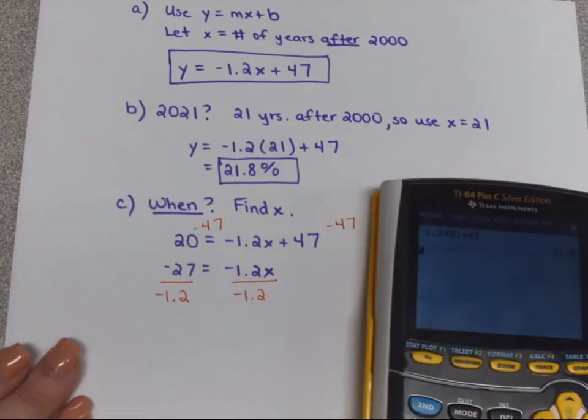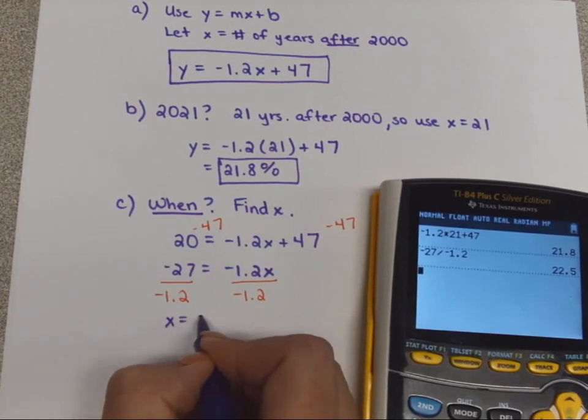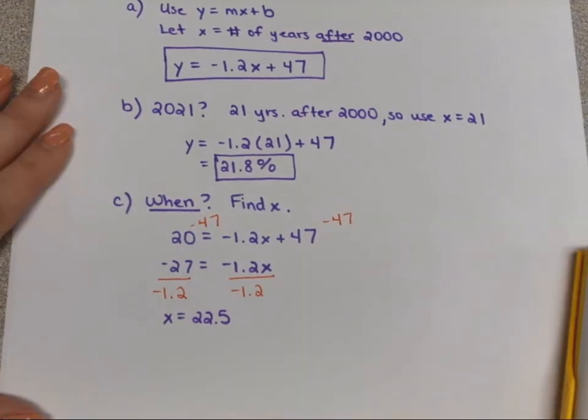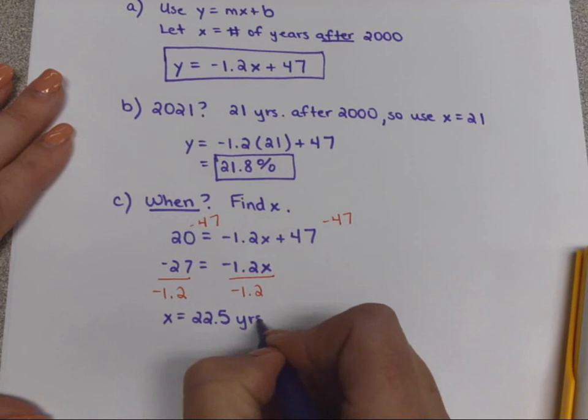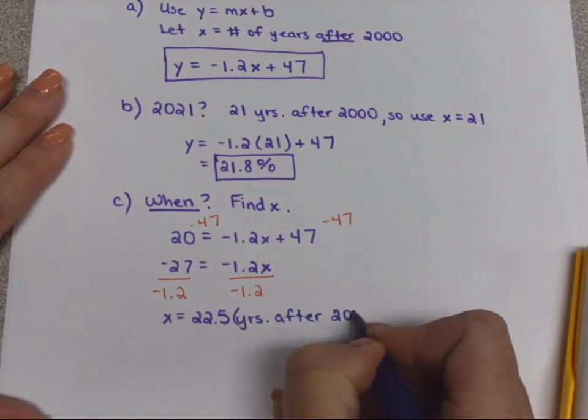So let's see what we get. Negative 27, not 0.27, but negative 27, divided by negative 1.2. So we end up getting X equals 22.5. But that's not a year, right? What does X represent again? Years after 2000.